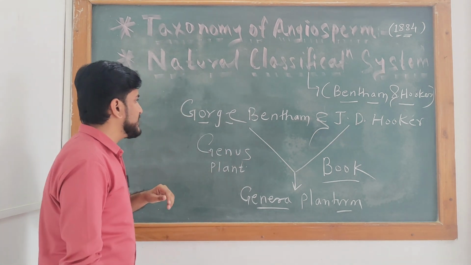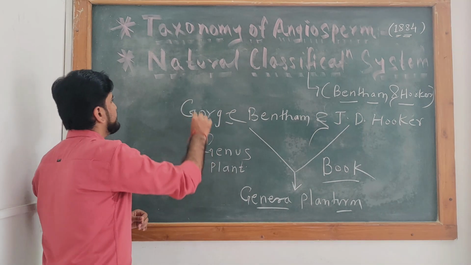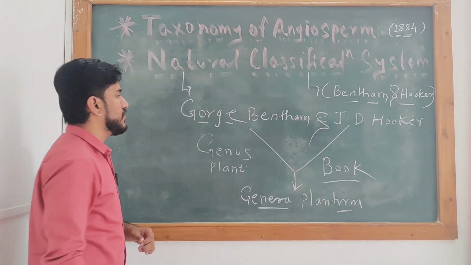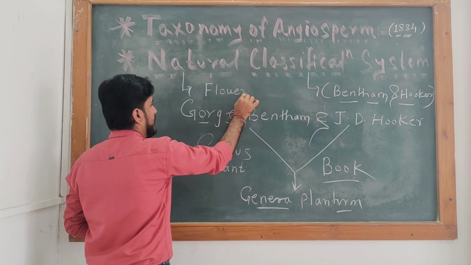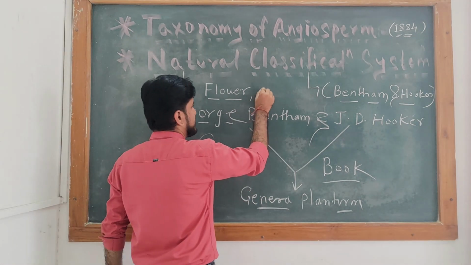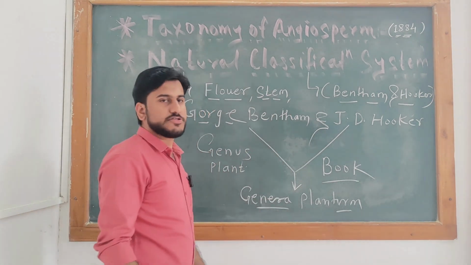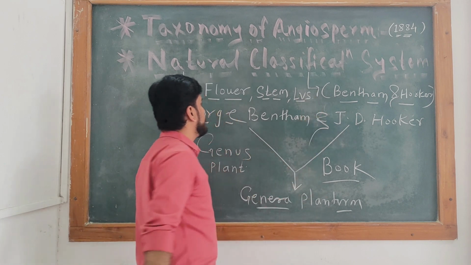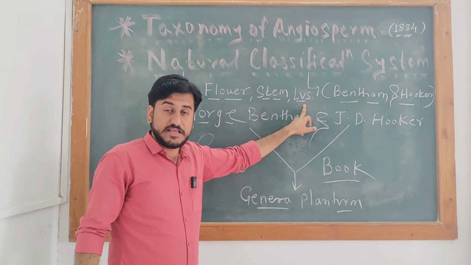And plants are classified into different groups on the characteristic features of the flower, first; second, the stem; and third, the leaves.